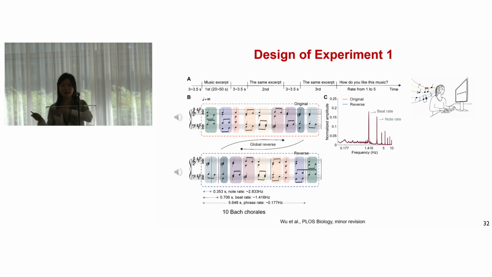We reverse the order, so it keeps the same beat structure but sounds unfamiliar. We asked them to listen 3 times, and at the end rate how much they liked it from 1 to 5, and we found no difference between the original and the reverse versions in the liking rate. We recorded their EEG and also their eye movements simultaneously.